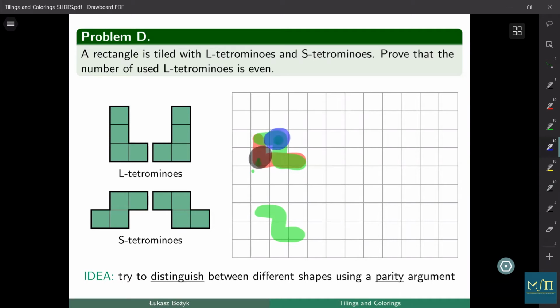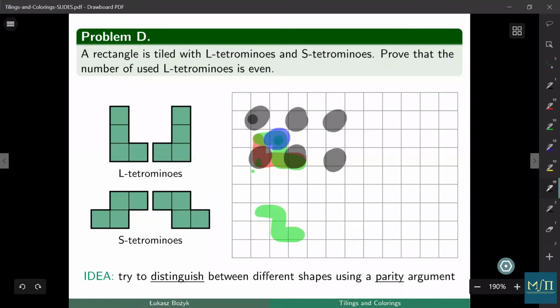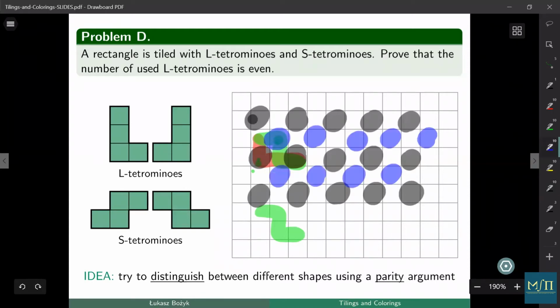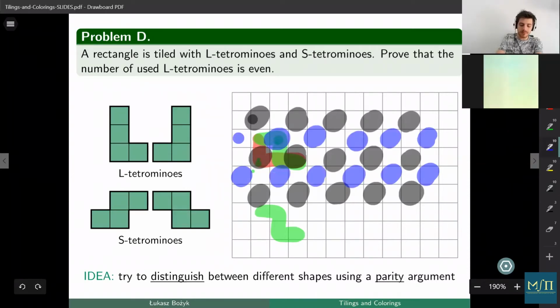And you can argue like this for any pair of two diagonally adjacent squares, in order to extend it to the following observation. If we want our coloring to distinguish between L's and S's, then all the black cells should have different colors than all the blue cells, assembled like this.